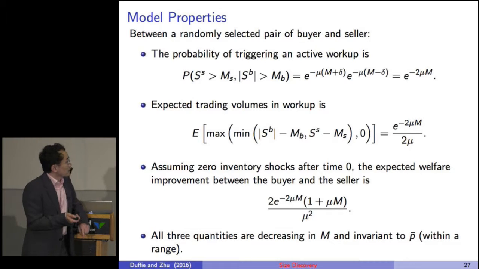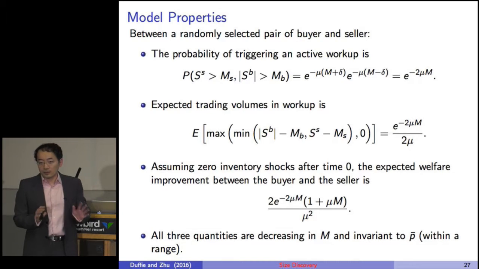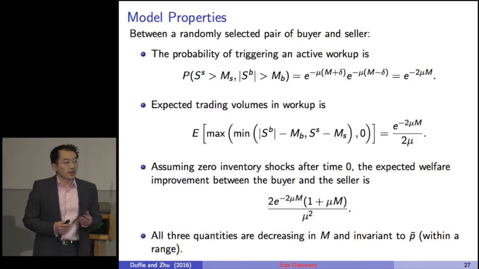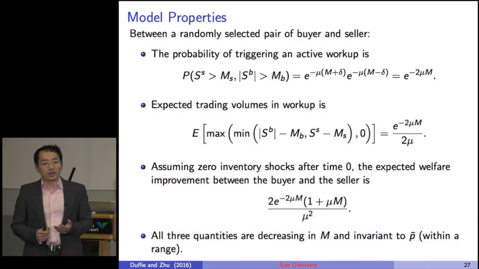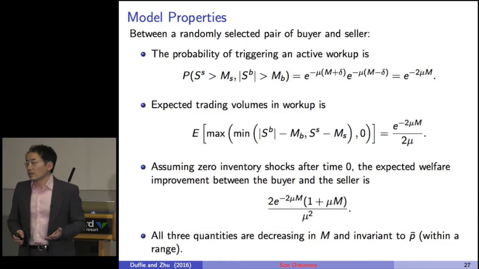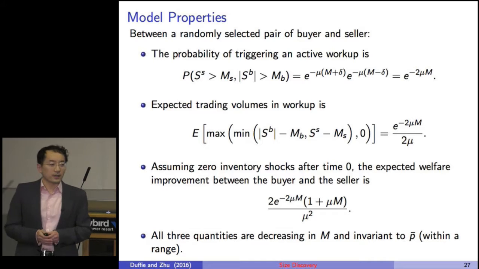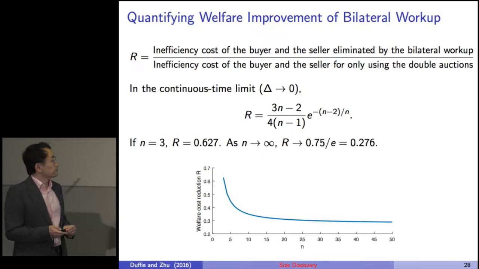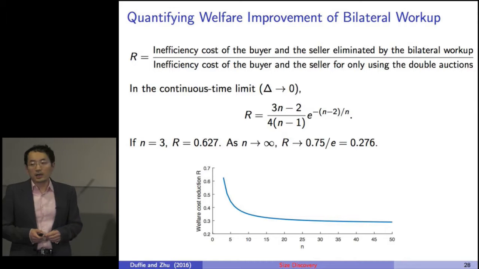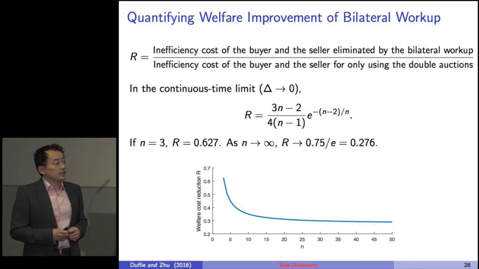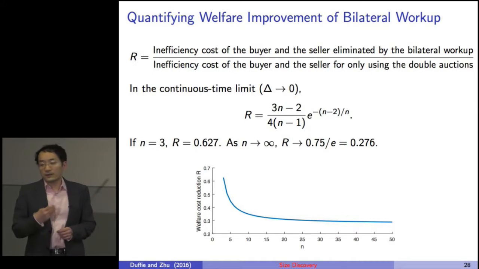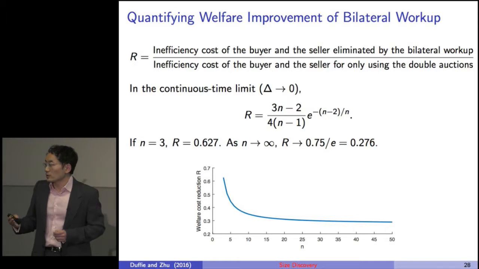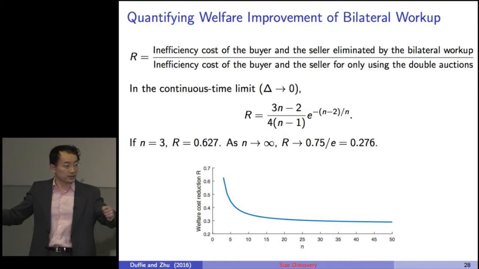In this model, because everything can be solved, we can calculate the expected probability of having the workup, the expected volume, and the expected welfare gain. Let me emphasize the third point. What is the expected welfare gain? Here, in the denominator, we put in the inefficiency cost caused by the strategic avoidance of price impact between the buyer and the seller.